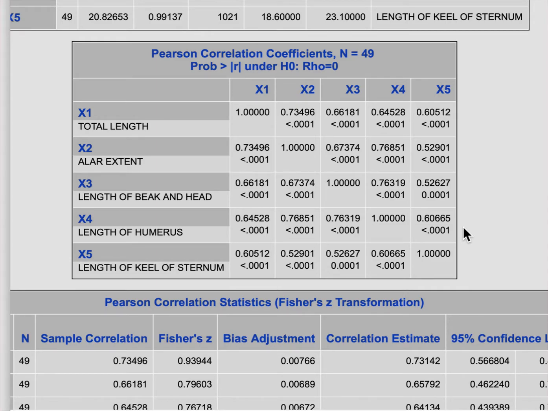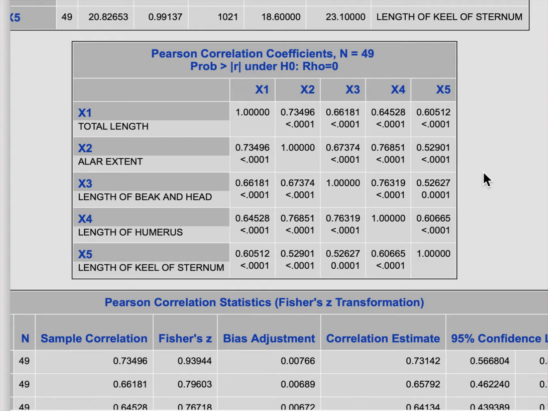If you'll remember, when we looked at this data set before in a previous lecture, and in particular looked at this correlation analysis, we said that we would not want to draw conclusions about whether or not the variables were correlated with each other based on this correlation analysis all by itself, because it does not do anything to control for the overall type 1 error rate. And so we would want to use some other kind of procedure along with this.